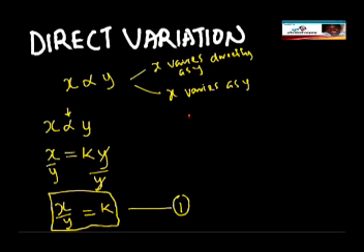Variation, like we said, means proportion. So if you are going to see it the way it is, it's actually a proportional value. It can be compared in 4 terms. So if I'm working with the other equation that does not have a constant, I may have to compare it this way: x1 over y1 is equal to x2 over y2.